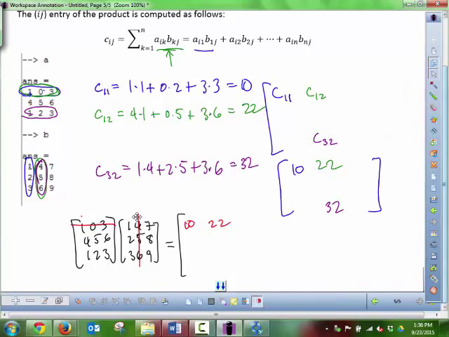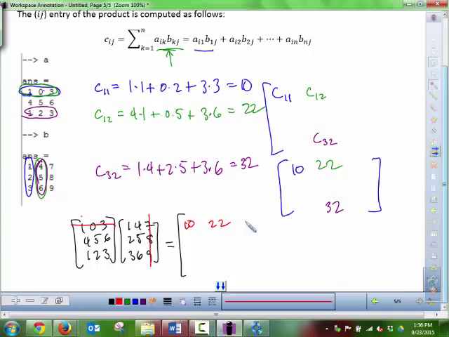To get the third number, it's the first row and the third column. So this is 7 plus 0 plus 27, 34. You see what I'm doing? Going a little bit quicker now.